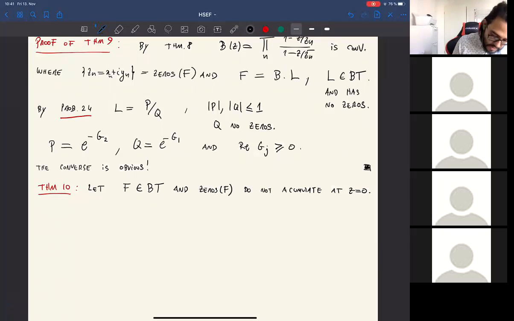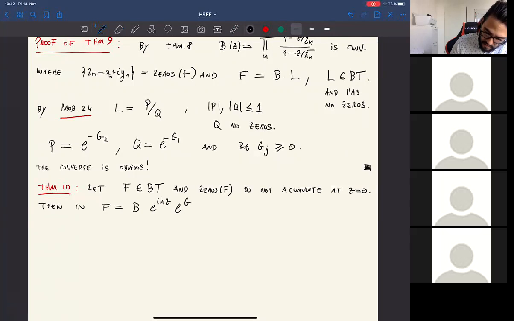Then in the factorization, f equals b e to the i h z and e to the g.